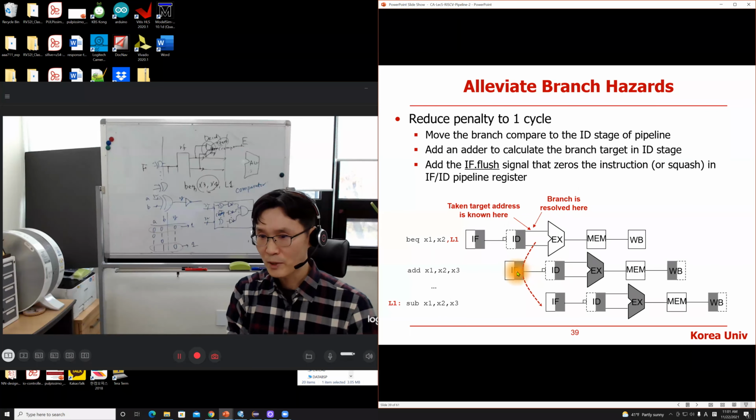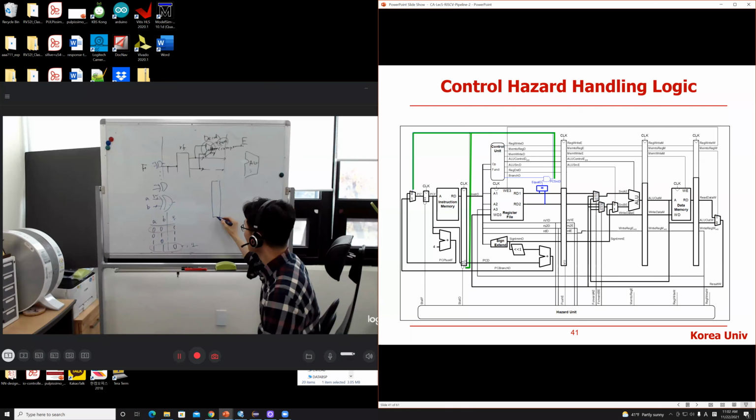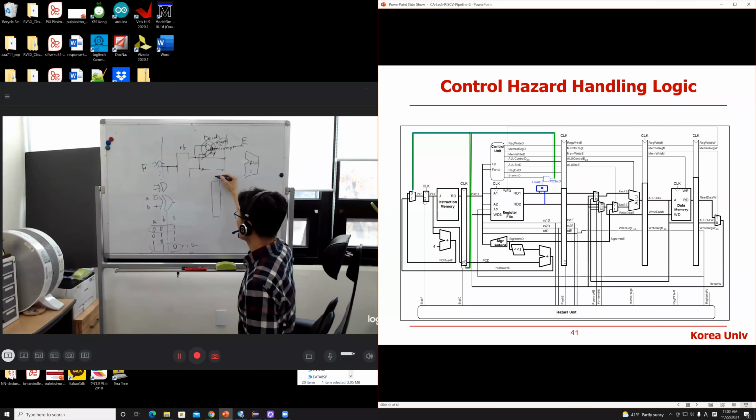So one way is this schematic. It is showing fetch, decode, register, flip-flop, and it seems like it is using enable or clear.